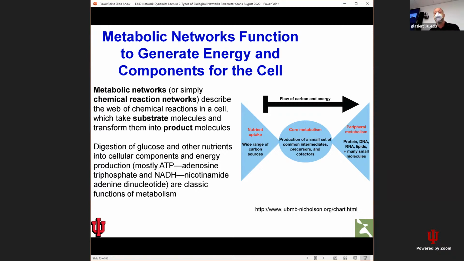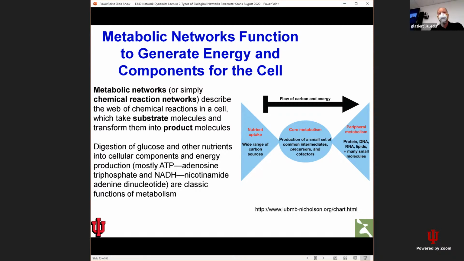precursors. Cells like to build standard building blocks, just the way engineered systems like standard building blocks. This figure says a small number of common intermediates, precursors, and cofactors. I think that's a little bit optimistic. The number is pretty large, pretty intimidating.